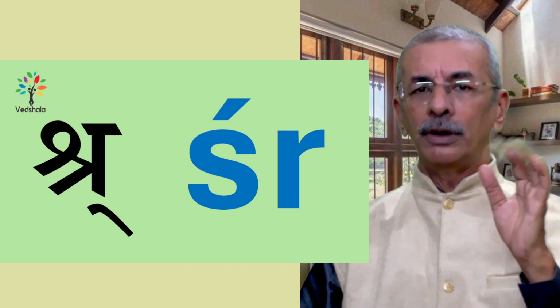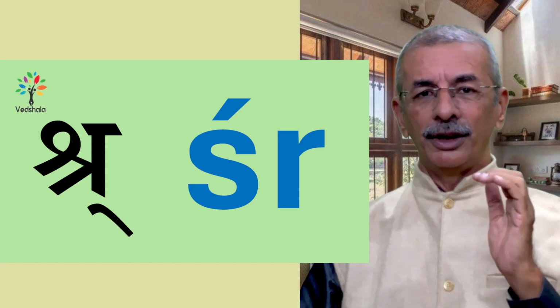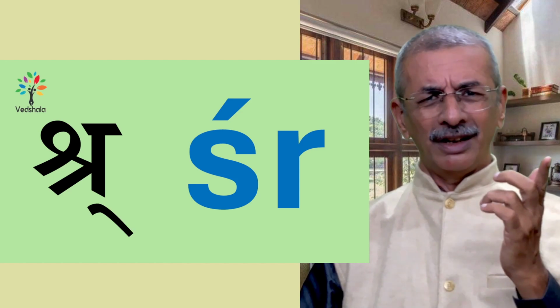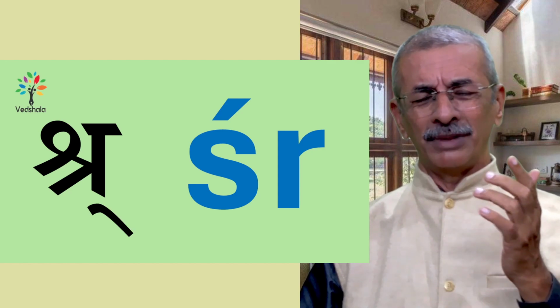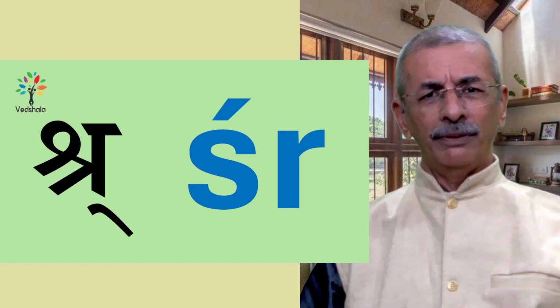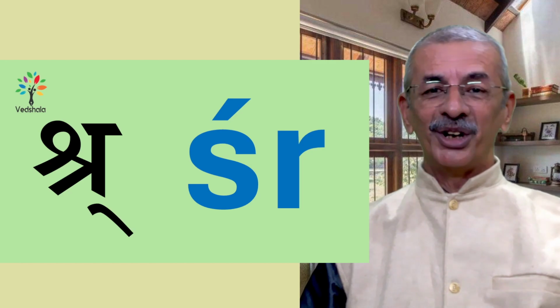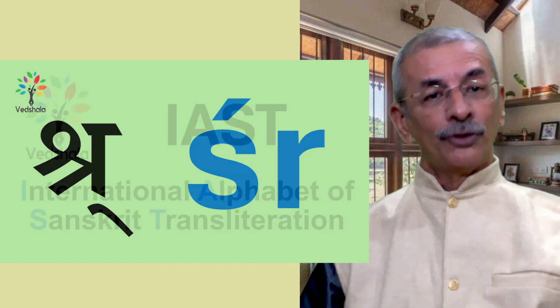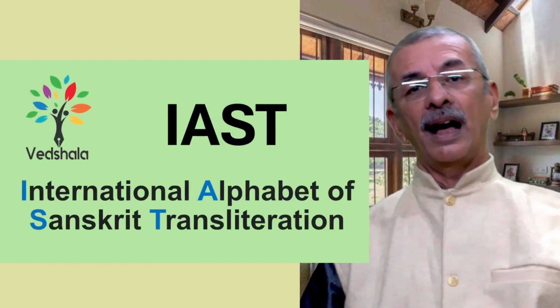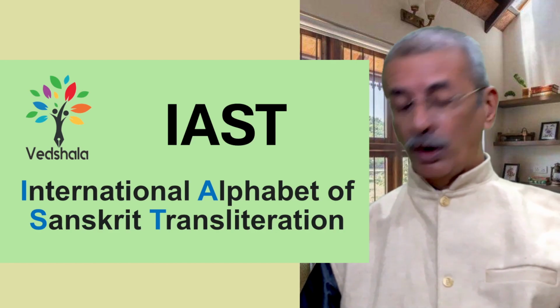That half Sh along with half R gives you Shra. Generally, when we add something after that, it becomes Shri, which we will learn later in our third video. So this is the IAST we are talking about, and till now I have completed this part.